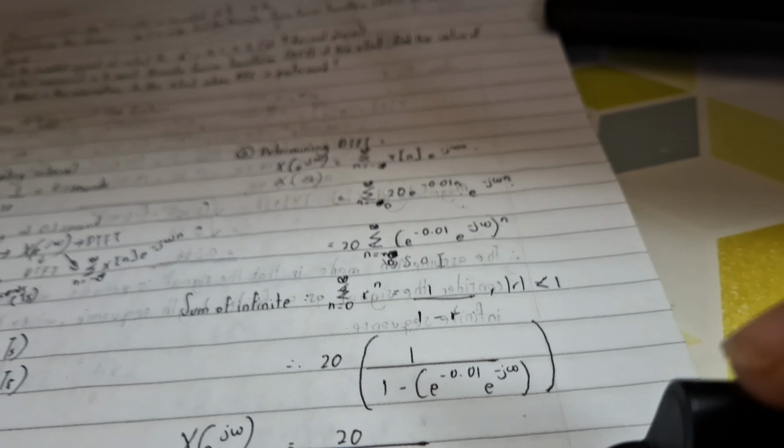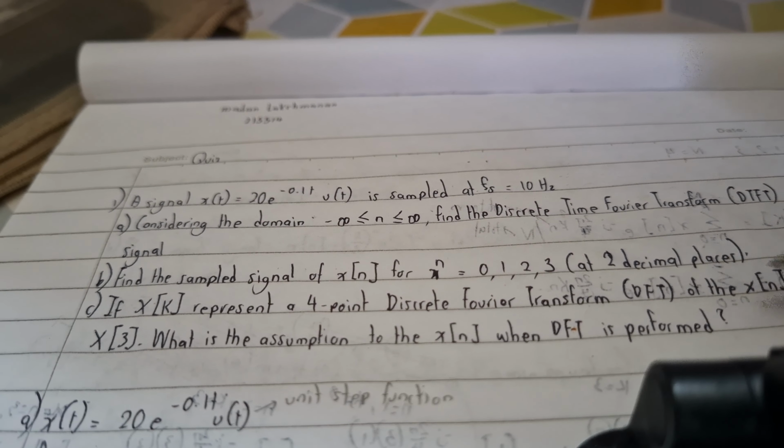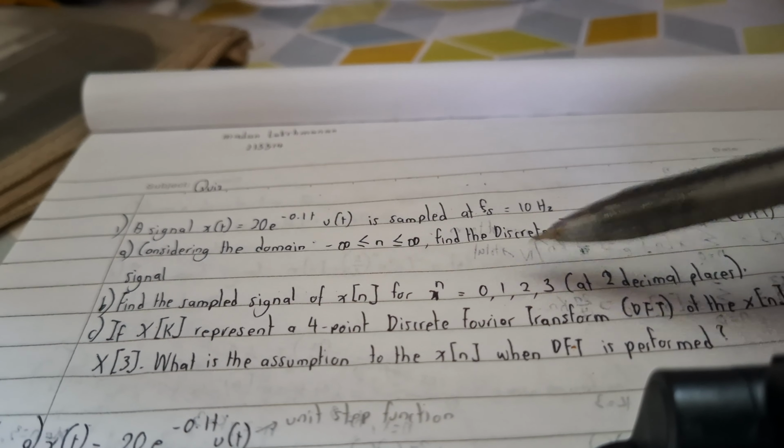So that's part A. For part B, it says to find the sampled signal x[n] for n equals 0, 1, 2, 3 at 2 decimal places. It's simple.